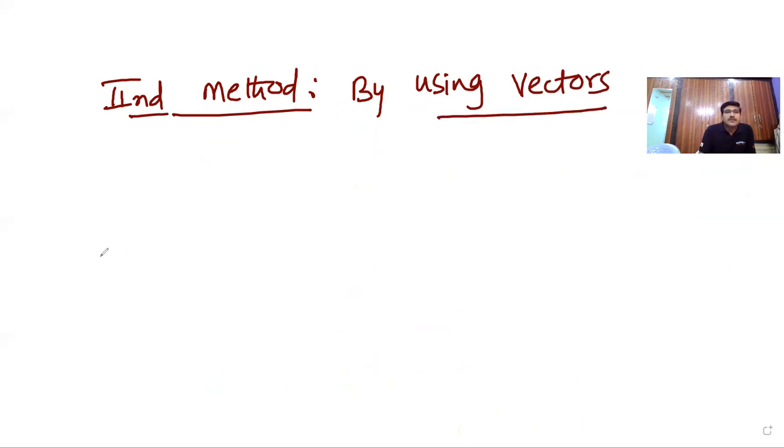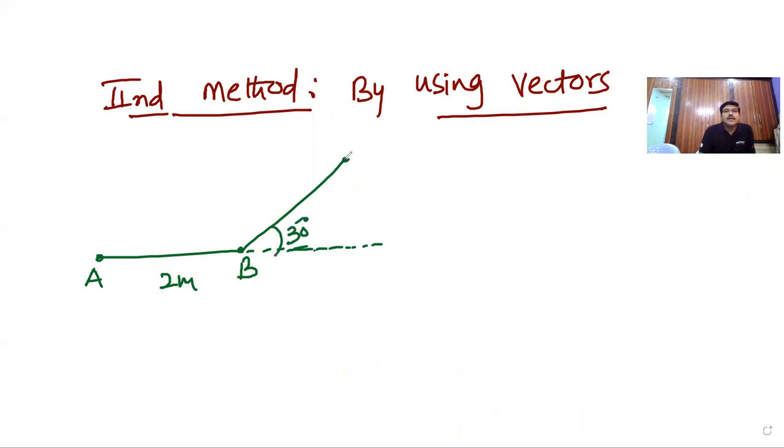Observe, this is the figure. A, this is 2 meters towards east. And then it is 30 degrees horizontal. Then this is C. This is 3 meters. Clear?